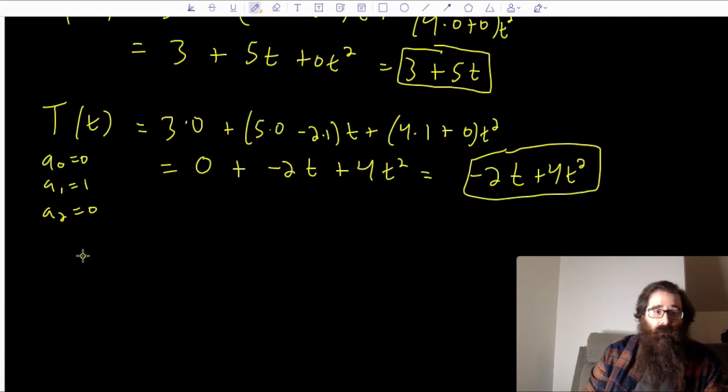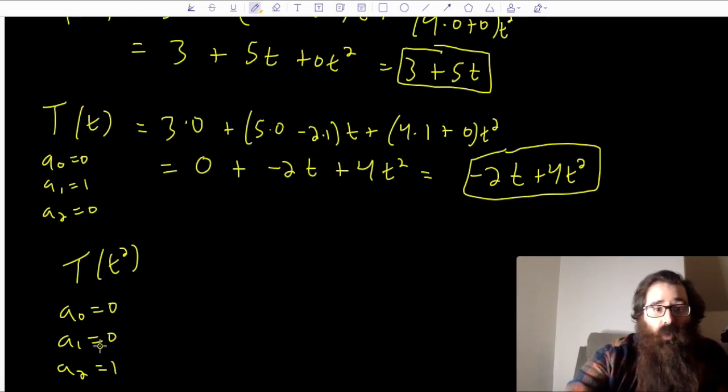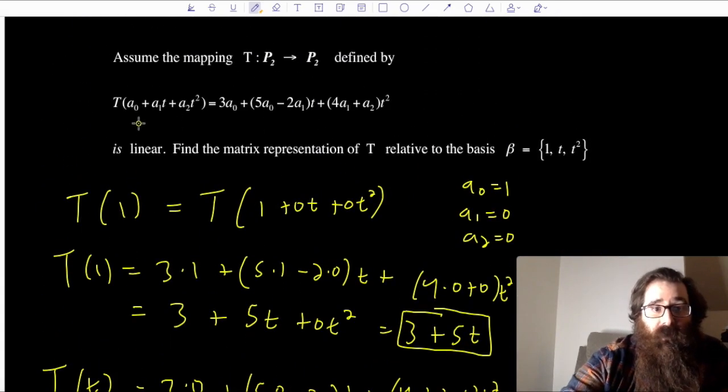We got one more to go, right? T applied on basis vector t squared. And this means a sub 0 is 0, a sub 1 is 0, but a sub 2, my coefficient on t squared, is 1. It's described right here as well, right? T squared means a sub 2 is 1, but all these other a values are 0.